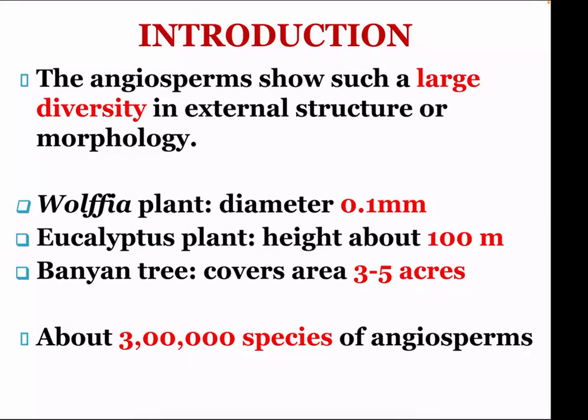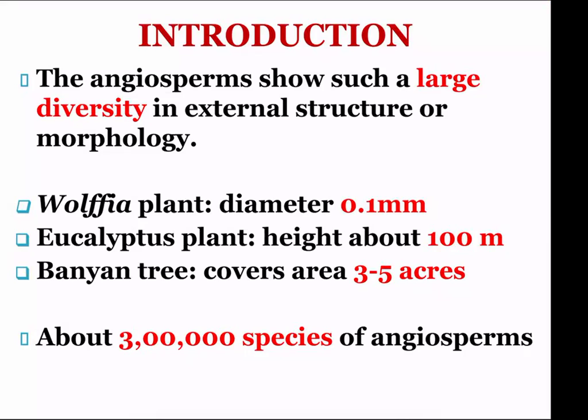They are able to create a huge set of variations, and that's the reason why they are dominant over nature. If we see around us, we find so many different types of plants, which are flowering plants. Ready?